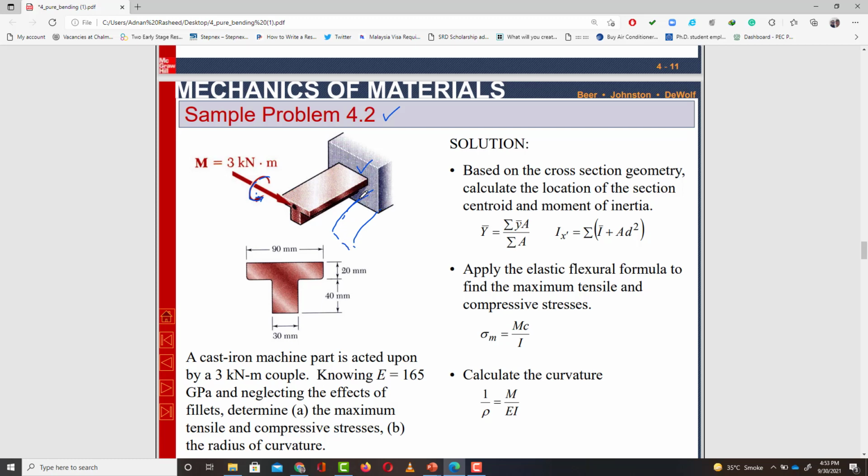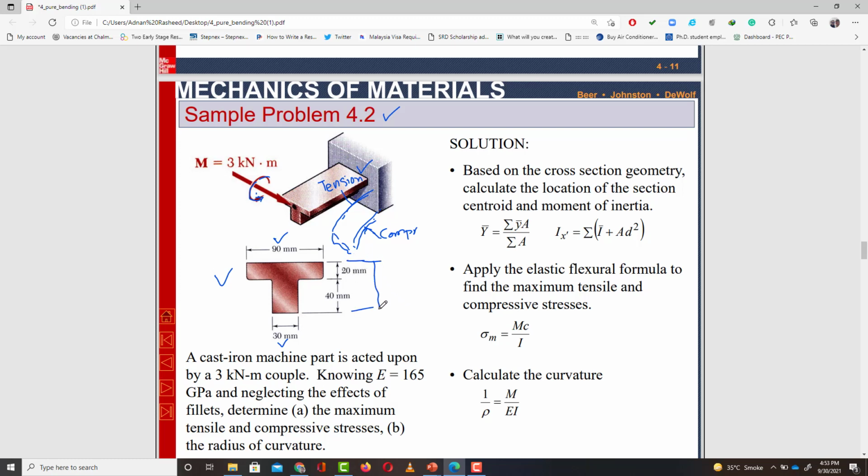So there will be tension or increase in length in the upper portion, and in the lower portion there will be a contraction, meaning compression. The cross section of this member is T shaped, so the width is 90, the lower portion is 30, and the total height is 60.